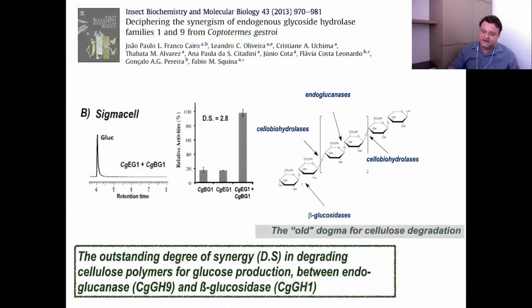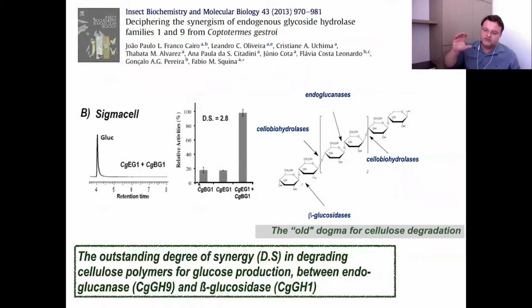We started to study the biocatalytic system of the termite about 10 years ago. We chose Coptotermes gestroi, which is a major pest in the state of São Paulo, as a model organism for these studies.